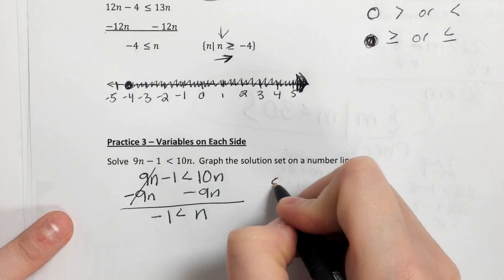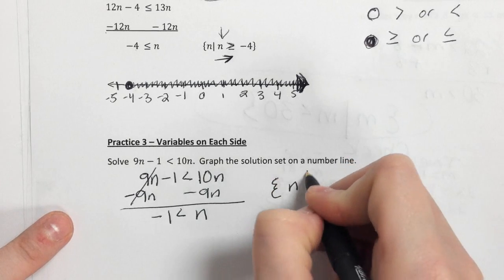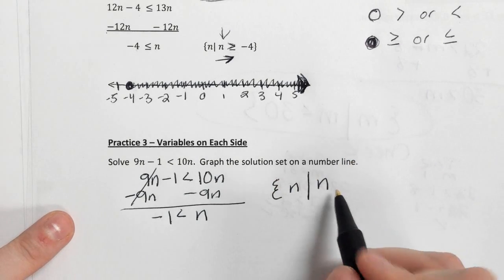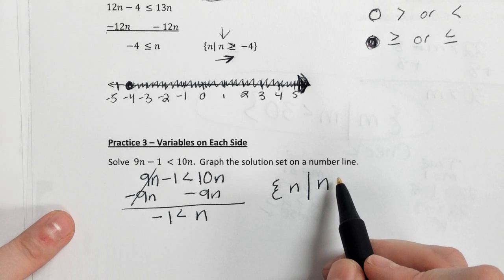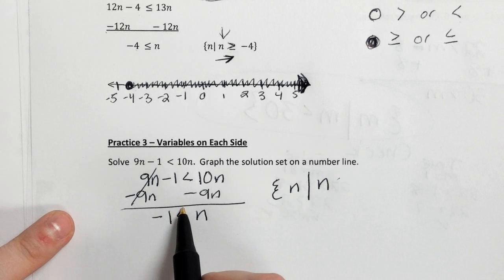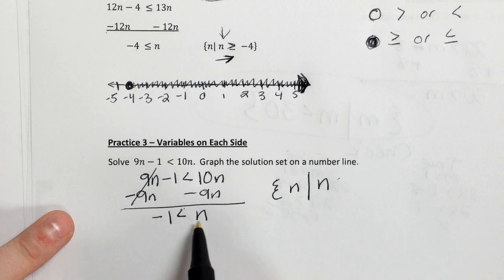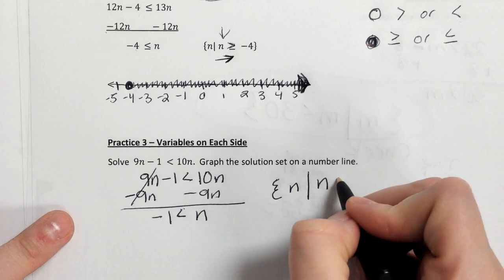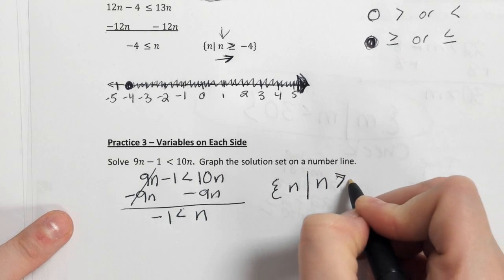Okay, I need to write it in set builder notation. So n is greater than or less than negative 1. Keep the sign opening towards the same thing. So it's opening towards the n. So I say n is greater than negative 1.